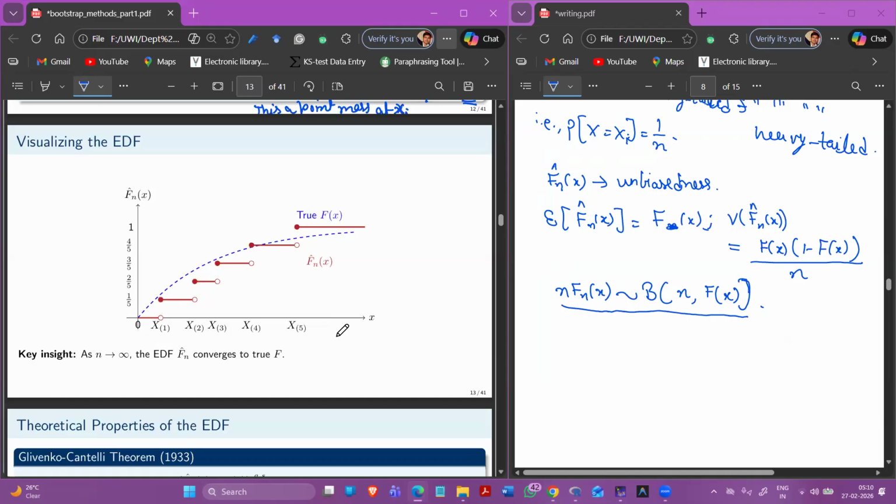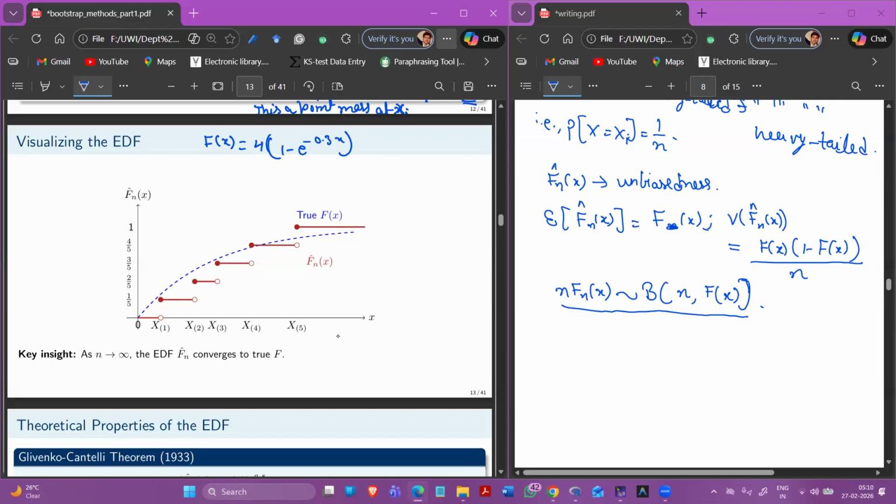So here what we are doing, we are assuming an exponential type CDF, that is our population CDF Fx equal to 1 minus e raised to the power minus 0.3x.